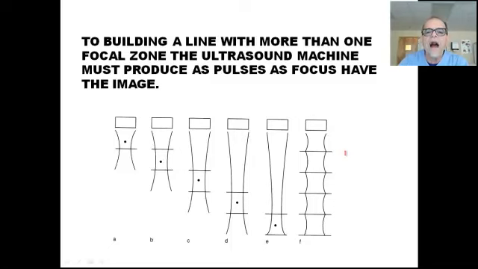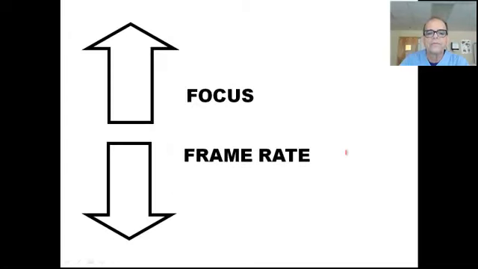Number of focal areas is inversely proportional to frame rate. The more focal areas you are using, the fewer pictures per second you are producing. More focal areas, less frame rate.